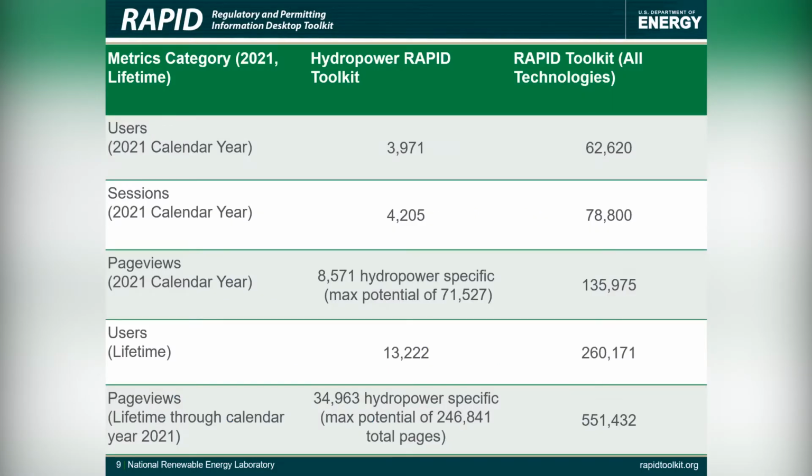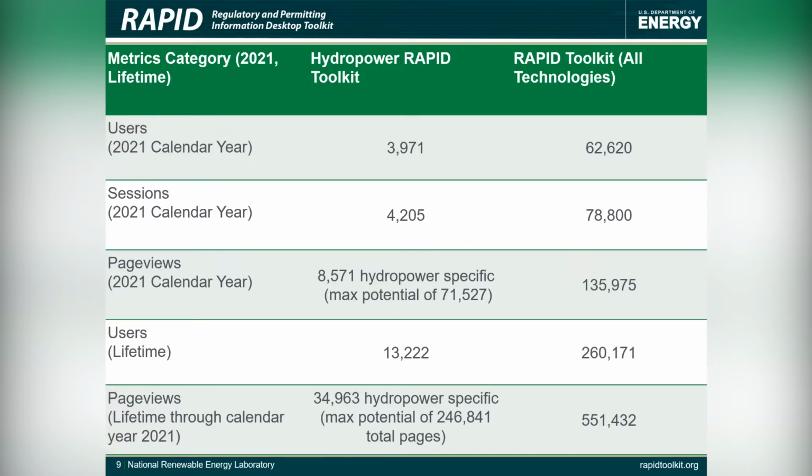I also just wanted to provide a high-level snapshot of our metrics, so all of you can see the extent to which the Rapid Toolkit is being utilized. Looking at calendar year 21, so going from January to December 2021, our last full year of metrics, we had approximately 4,000 hydropower users coming to the site.